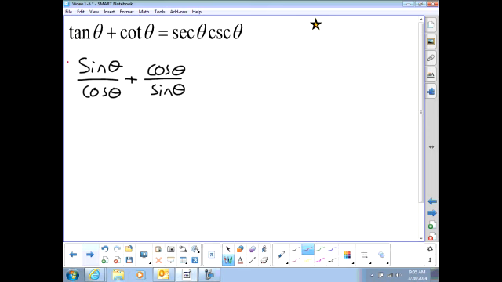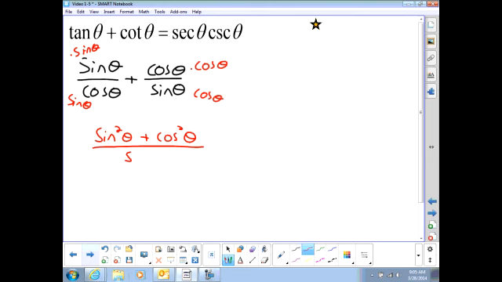So we'll multiply top and bottom here by sine theta, and over on the right, we need a cos theta. So on top, we'll now have a sine squared theta plus a cos squared theta all over sine theta times cos theta, because we want to get it as a single fraction.